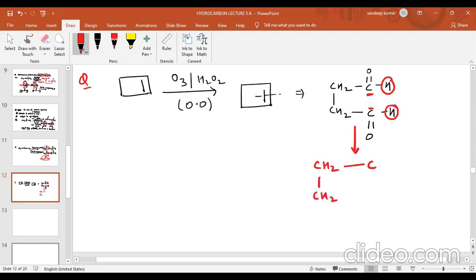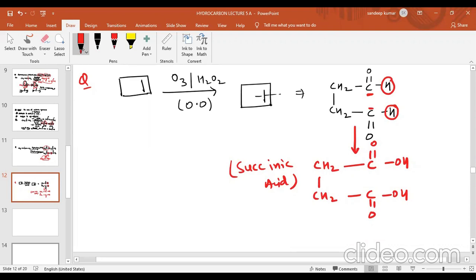And the product obtained is C double bond O OH, and this is also C double bond O OH. This is called succinic acid. So this is basically which acid? Succinic acid. So now you people will be able to do each and every question of ozonolysis, whether it is oxidative ozonolysis or reductive ozonolysis.